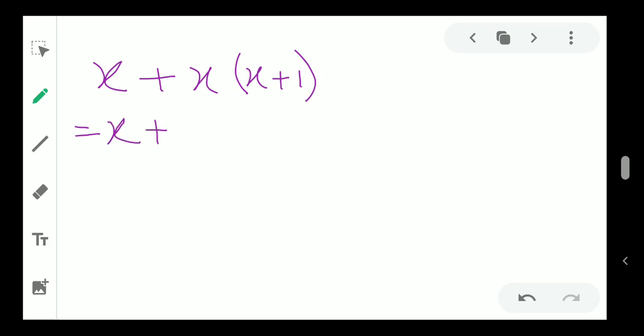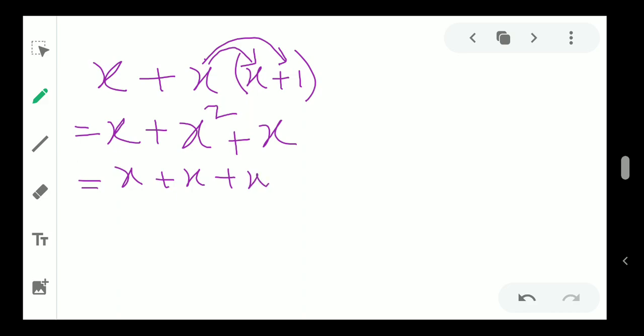We know that with all the multiplication like this, we have to multiply each of the terms. So x and x, there are 2 x's being multiplied, so that is x square. X and 1, that is 1x. Now x plus x square, after rearranging, you can write 2x plus x square.